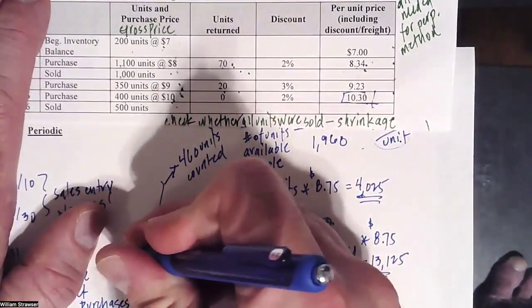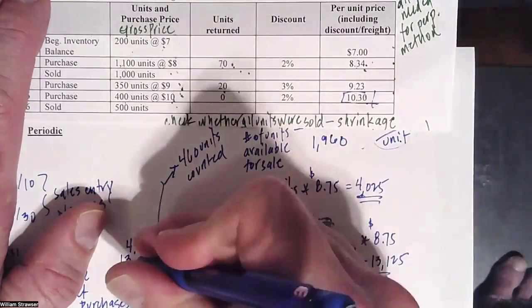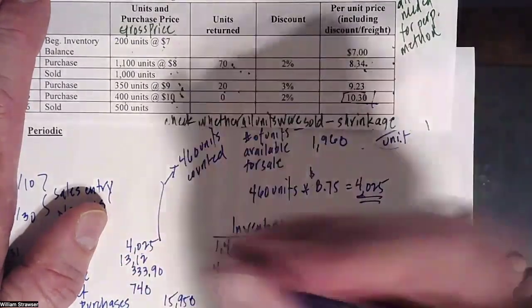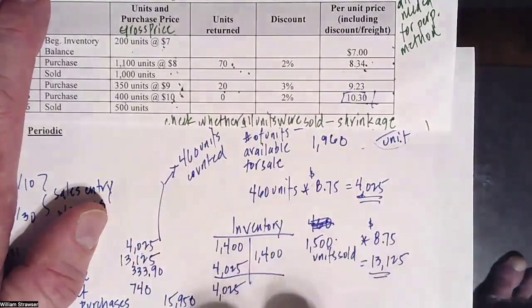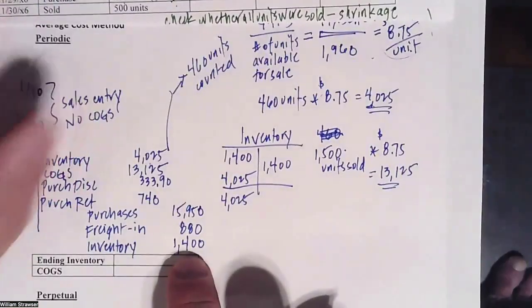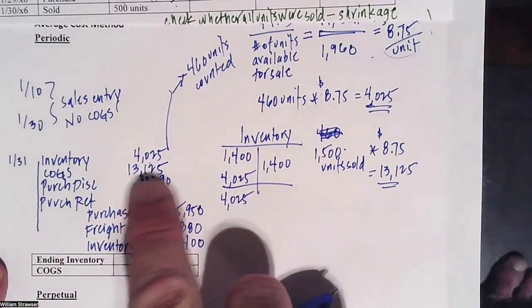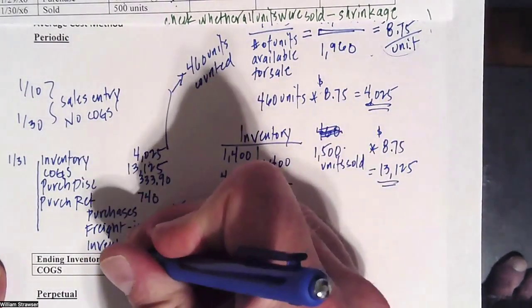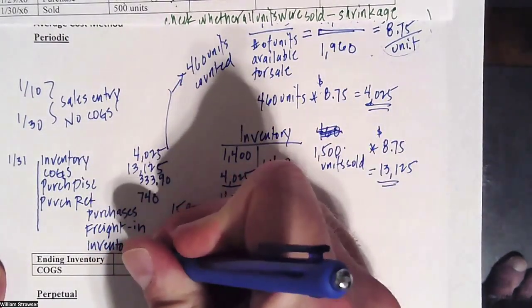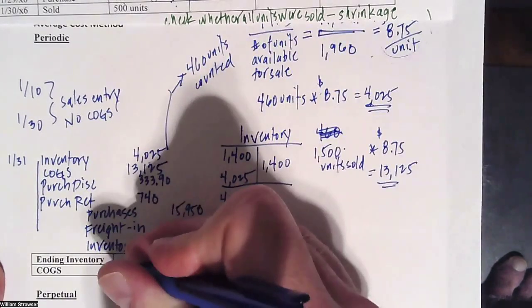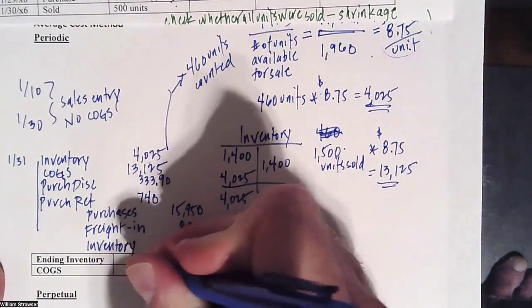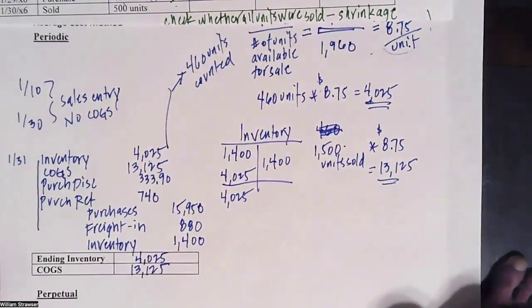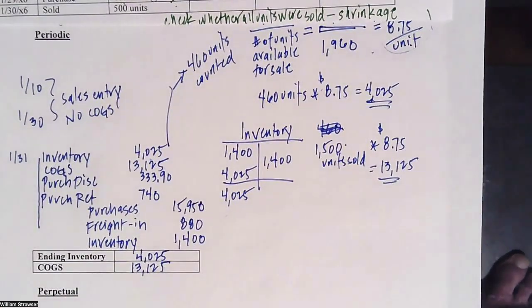You can verify that you get either that amount if you didn't round, or that you get something close to that amount by just determining what debit you needed in order to plug and make this work. But my ending inventory here is 4,025, and my cost of goods sold is 13,125 with my rounded calculations. In the next video, we're going to do the LIFO approach.